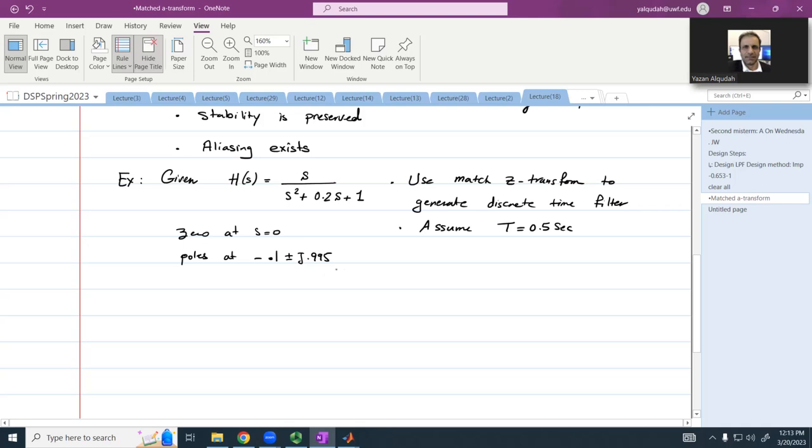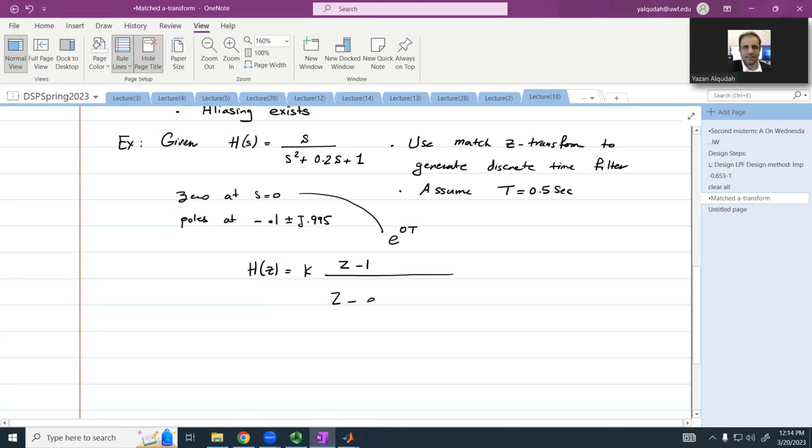So the zero and the poles are going to map to e to sk multiplied by T. Therefore H of z is going to equal a constant K multiplied by z minus 1, since e to 0 multiplied by T gives me a 1, divided by z minus e to the power of negative 0.1 plus j 0.995 multiplied by T. After multiplying by T, this is negative 0.05 minus j 0.4975, and its conjugate.